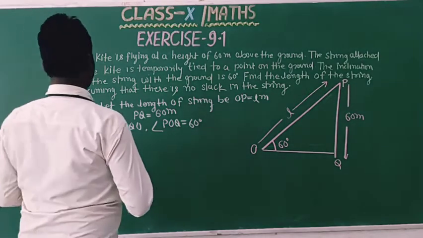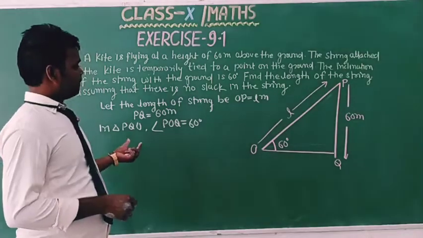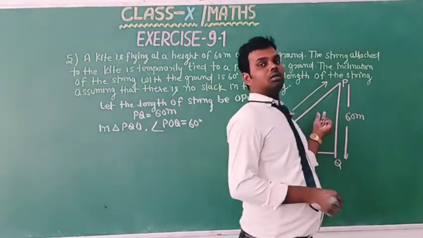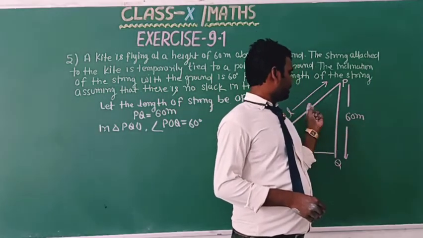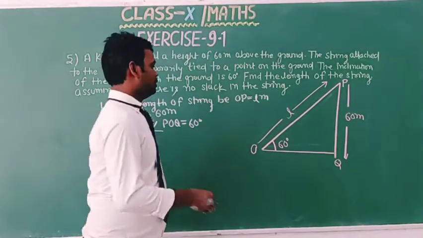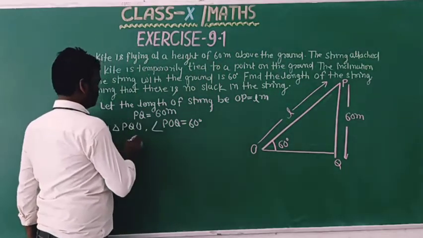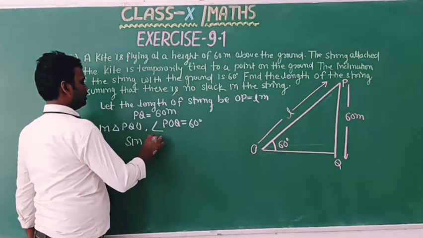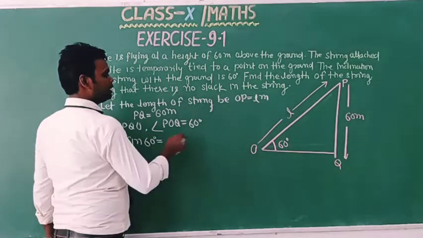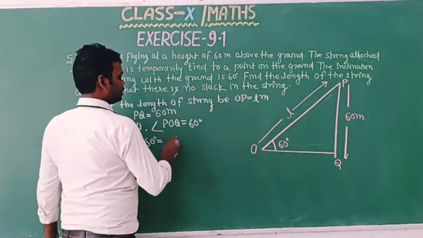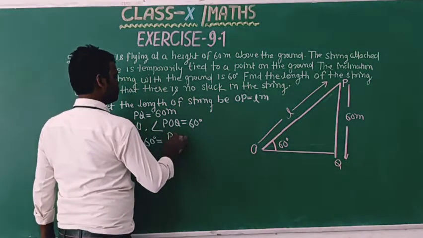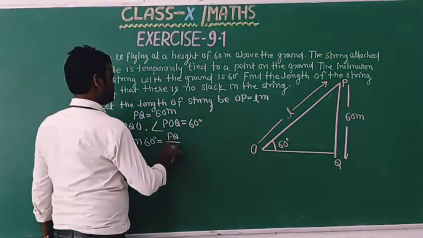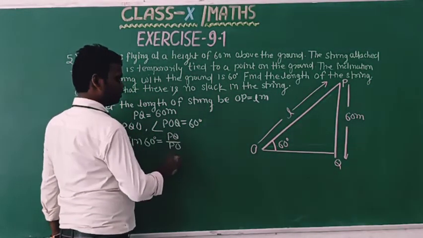Now applying the sine trigonometric ratio, perpendicular upon hypotenuse, sine 60 degree equals PQ upon PO.